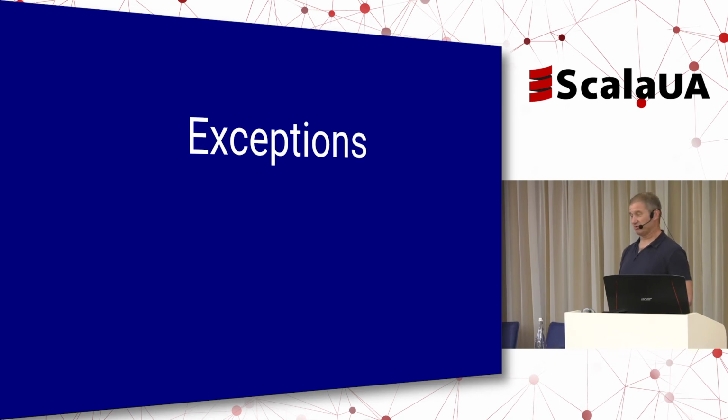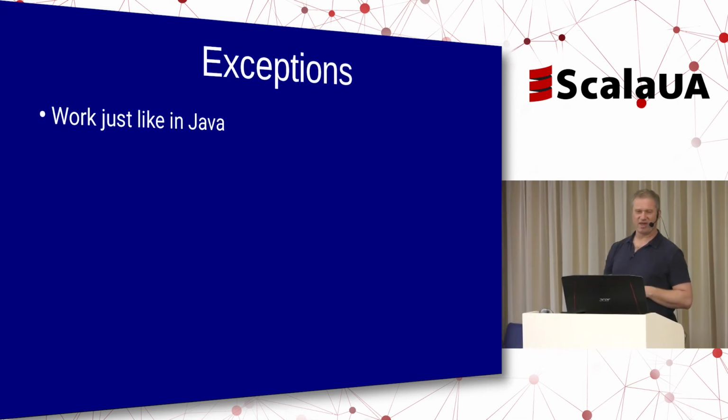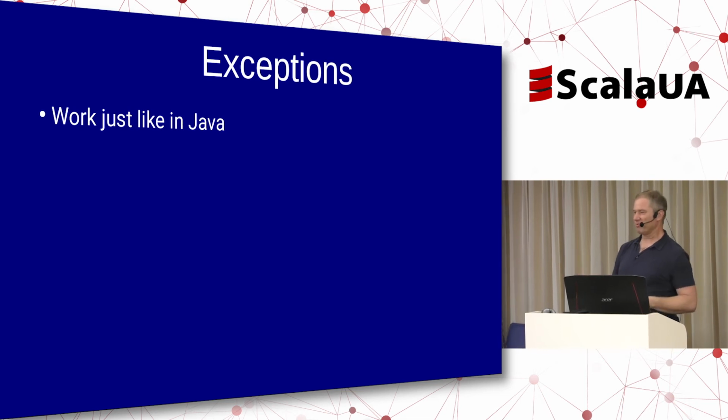Next thing is exceptions. Exceptions are like null. We can just use the exceptions the way that we use them in Java. It's no problem, they work, everything is fine. And there is this alternative, Try. So why should we consider this Try?